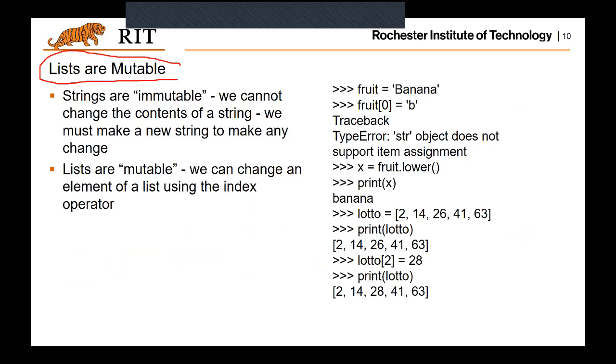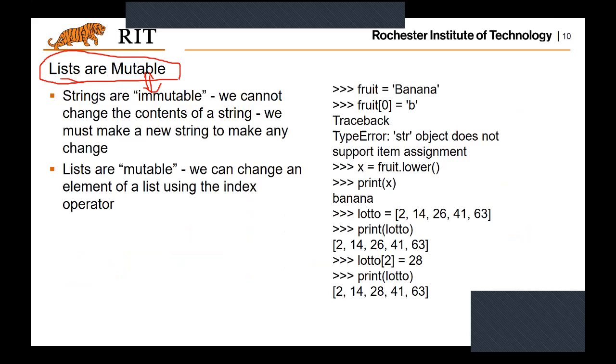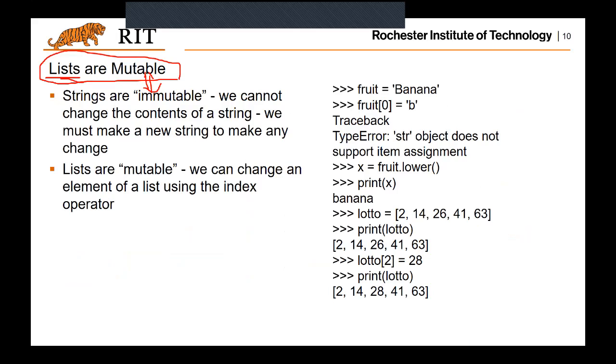Basically, I mentioned the string and the list are quite similar to each other. The major difference between them is list is mutable while string is immutable. Mutable for a list means you can change the value of certain elements in that list.